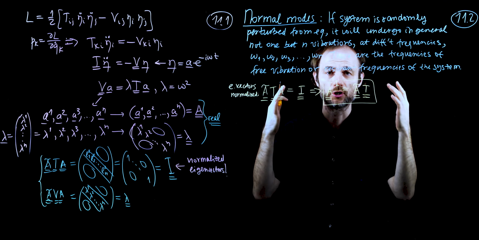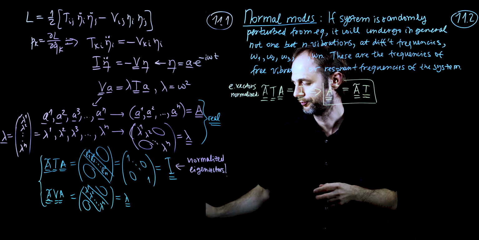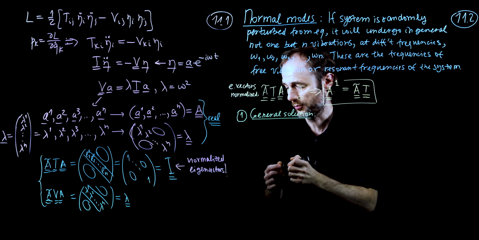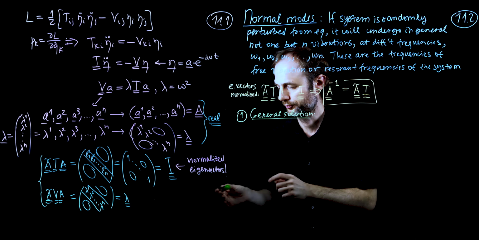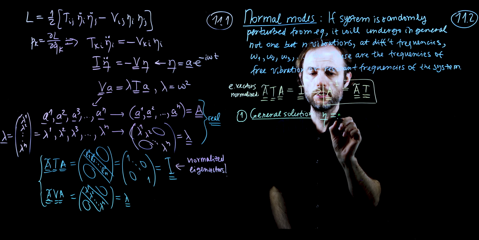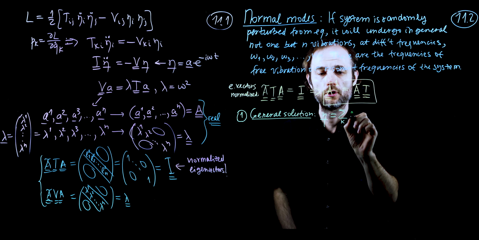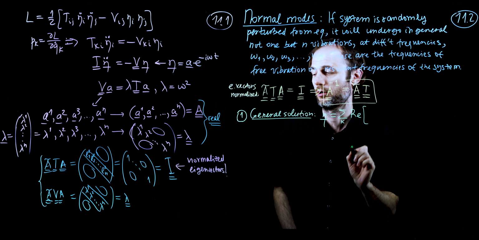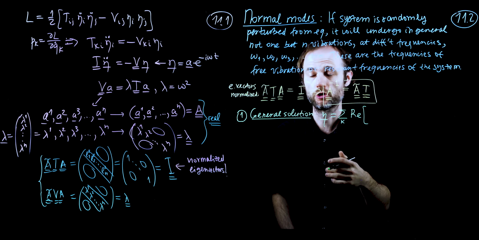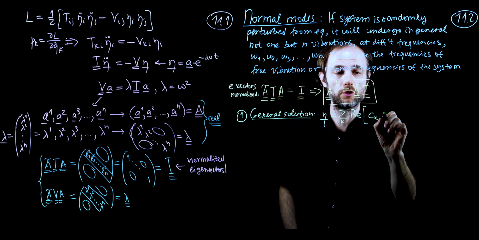So let us now start with a general solution, and let's see how to pull it apart into individual components. So our general solution can be written out as follows. Eta is equal to the sum over all of the eigenmodes of the real parts, because of course what oscillates is the real part, not the imaginary part, of our eigenmodes taken with coefficients.